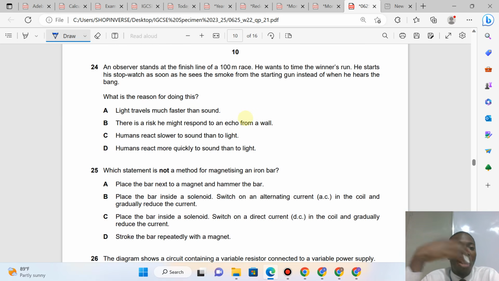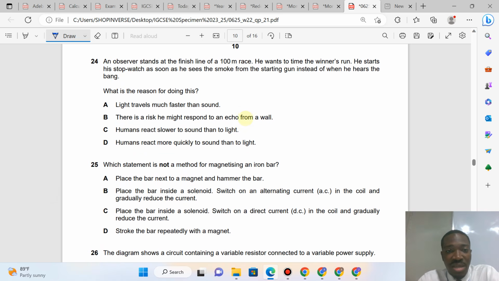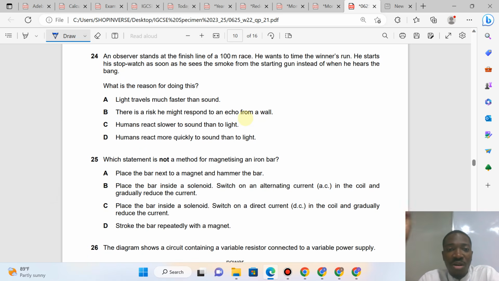Question 24. An observer stands at the finish line of a 100 meters race. He wants to time the winner's run. He starts his stopwatch as soon as he sees the smoke from the starting gun instead of when he hears the bang. What is the reason for doing this? Here, the option says A, light travels much faster than sound. Correct.